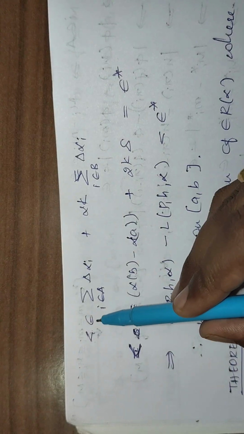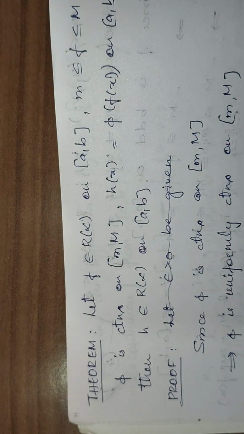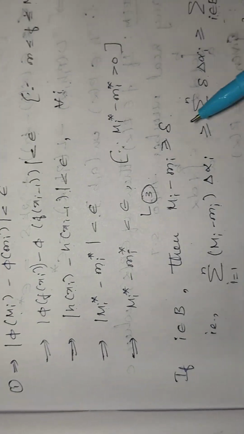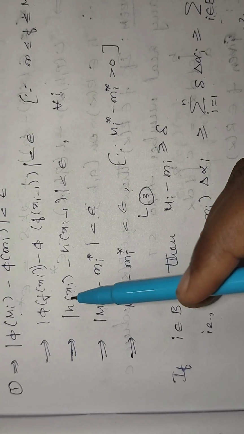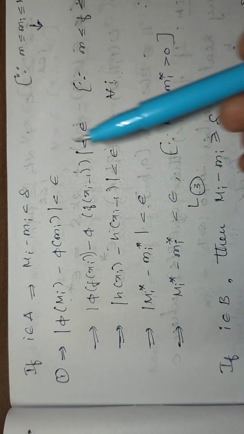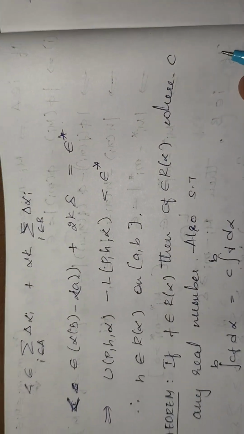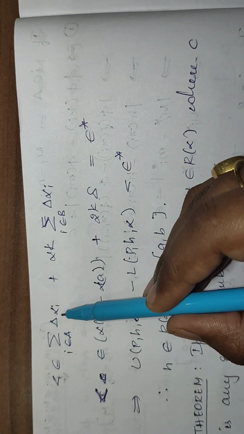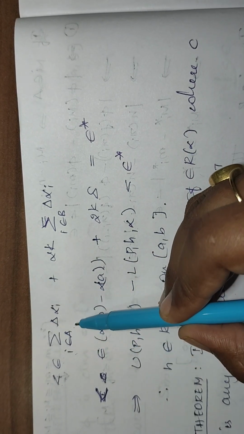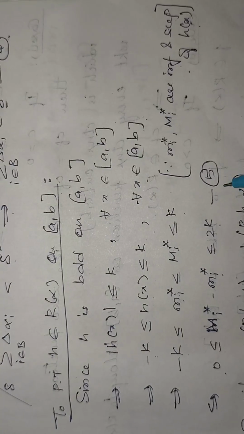See here, this is less than epsilon for i belonging to A. So you can see that in equation 3, for i belonging to A, Mi star minus mi star is less than epsilon. So I have used equation 3, and the remaining I have written like that only, summation delta alpha i for i belonging to A.